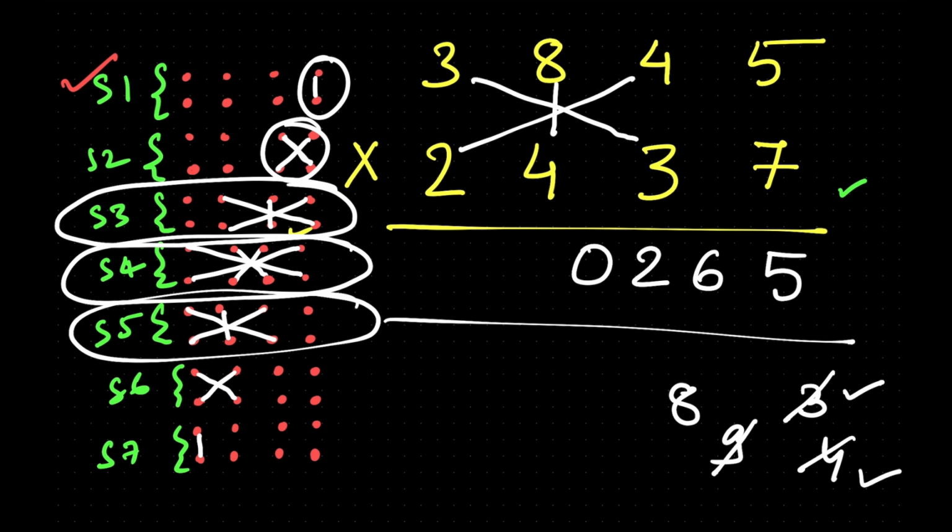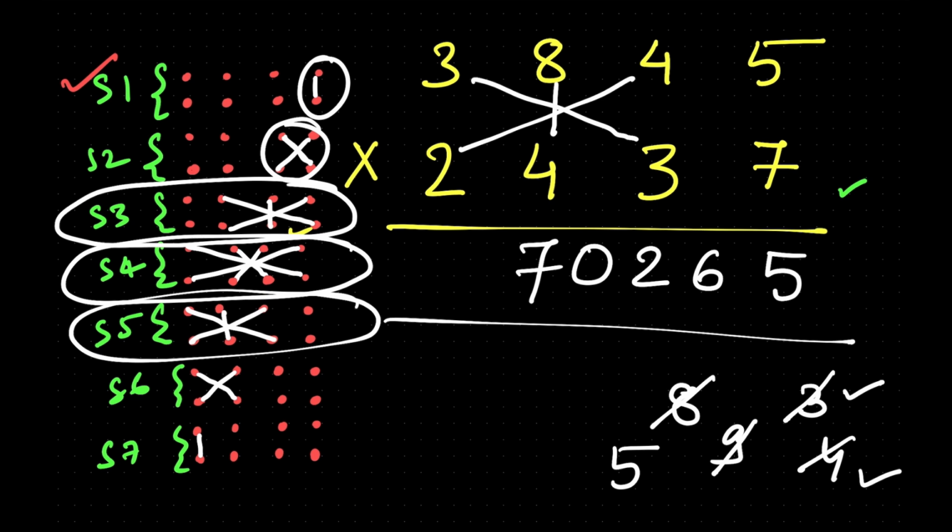Then 8 into 4 gives you 32. So when you add 17 and 32 you get 49. Your carry is 8, so 49 and 8 give you 57. So 7 you will write and 5 will become your carry.